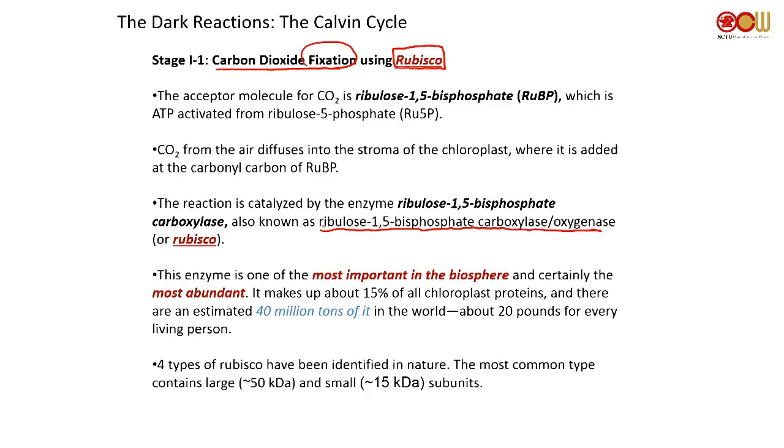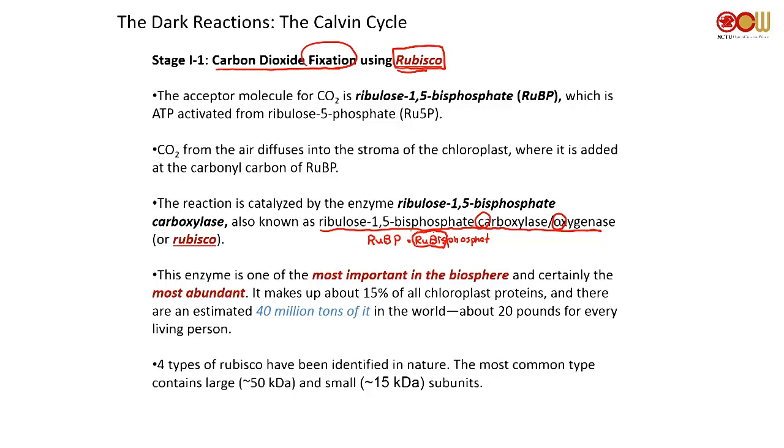Rubisco because it's RuBP, this guy, ribulose bisphosphate. So Rubis, then C and O because it's a carboxylase and an oxygenase. We'll talk about what those mean in just a minute, but this is where Rubisco got its name.